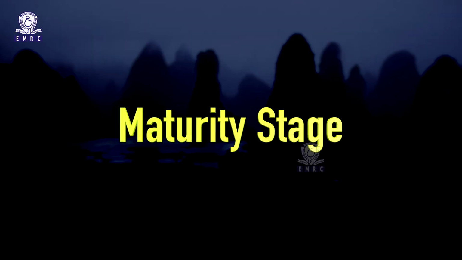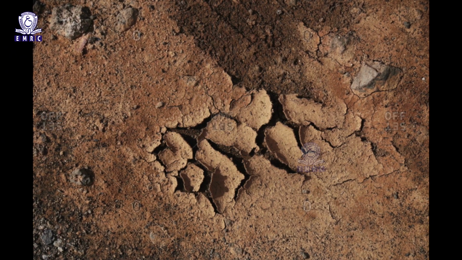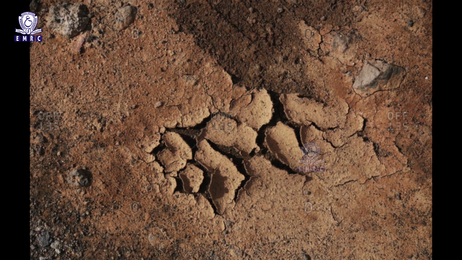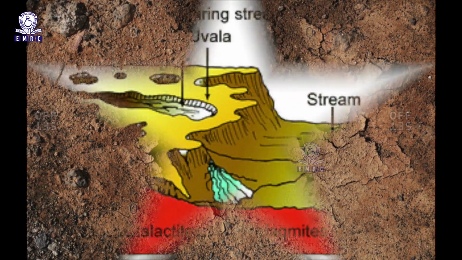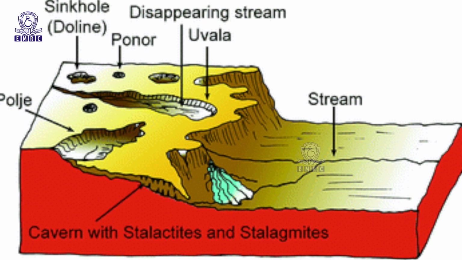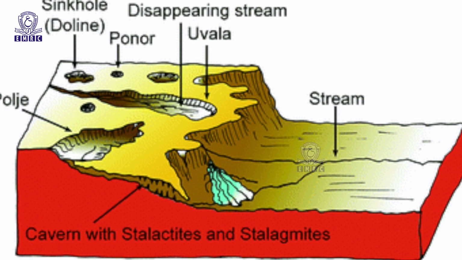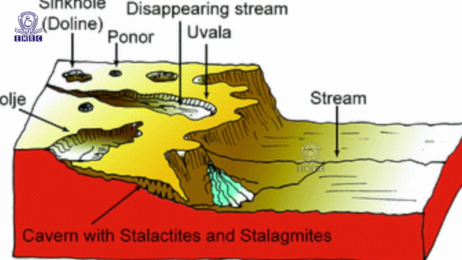underground drainage. Maturity stage. The initiation of early maturity is heralded by the disappearance of the surface drainage underground. Thus, the ground surface is characterized by dry, waterless condition. The surface drainage disappears underground through dolines and blind valleys.